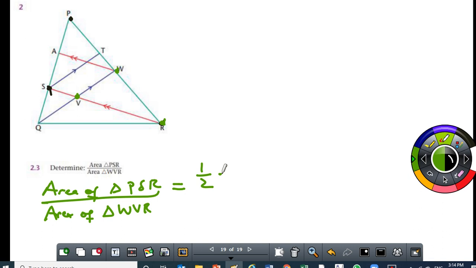So if this is my common angle here, for PSR it will be half times PR times SR, sine of this R here.